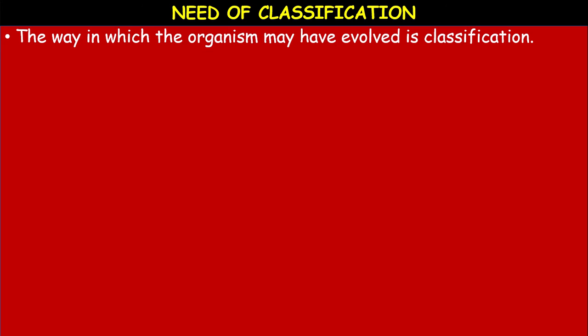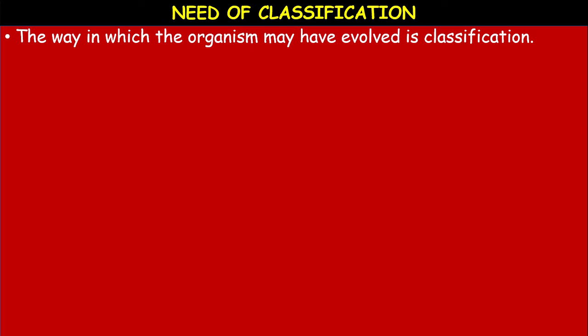Okay, so the need for classification. Why do we need classification? Let us imagine, let us assume that there is no classification system. Then what happens? Definitely it will lead to a lot of confusion.